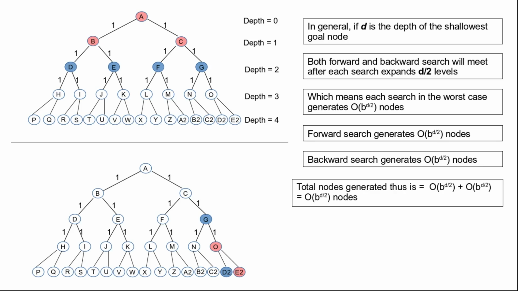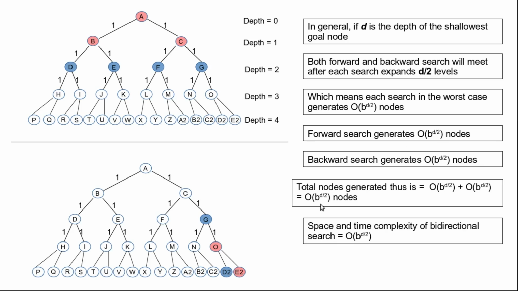So the total number of nodes generated will be the sum of these two, O(b^(d/2)) plus O(b^(d/2)), which is still O(b^(d/2)).